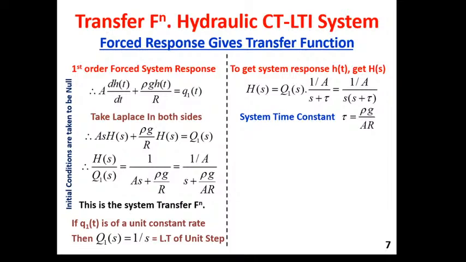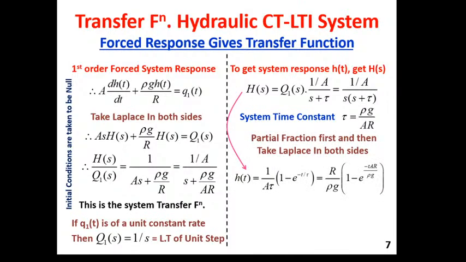And what is Q1(s)? Q1(s) is nothing but the Laplace transform of unit step input. Unit step input is nothing but a constant input with amplitude 1, so its Laplace transform is 1 by s. So now H(s) is equal to 1 upon A divided by s plus tau. A separate s has come in the denominator because it is the Laplace transform of the unit step q1(t) input to the system.